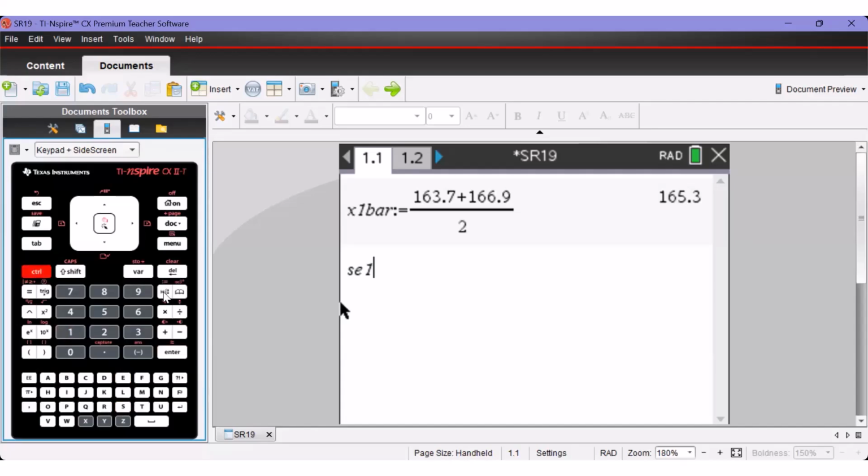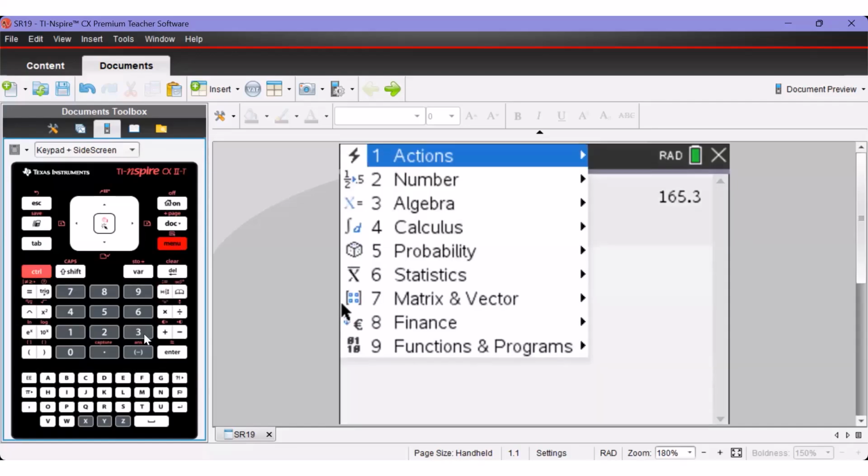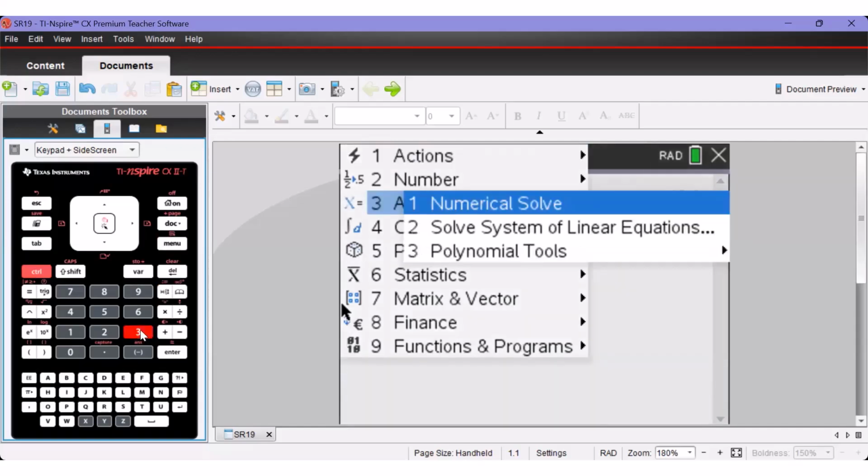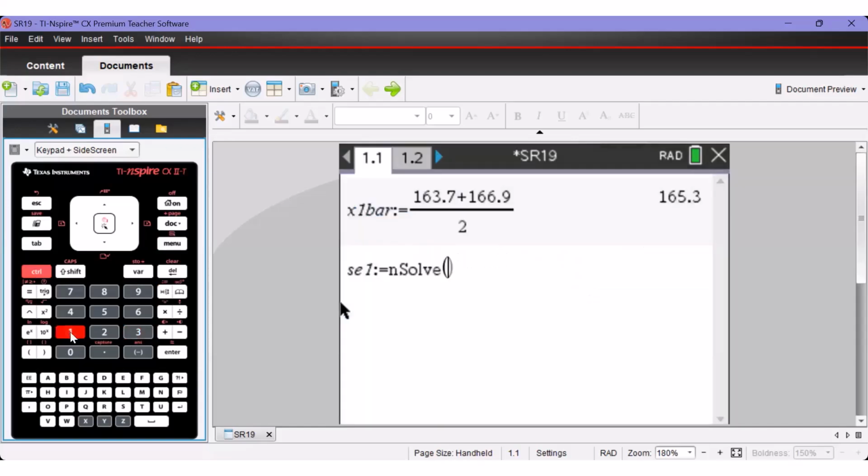So Control symbols template for the assign command. Now to find the numerical solve command, we press Menu, then I'm going to select algebra by pressing 3 and then 1 or enter for numerical solve.